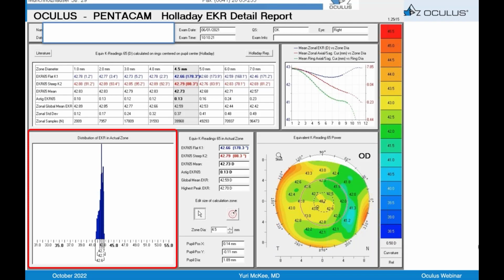So the correct answer for what's the true power of this cornea lies somewhere in a narrow zone that's being identified here. And I have a high degree of confidence that we're going to find the correct keratometric value so that we can choose the correct IOL power. If you can't choose the correct IOL power, forget about a premium lens. Why pay for a refractive miss? You have to have high confidence you're going to get the correct IOL power with the correct keratometric readings.